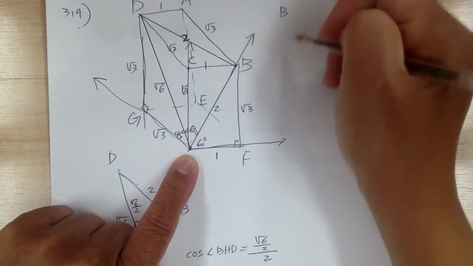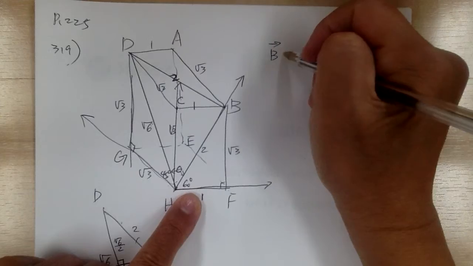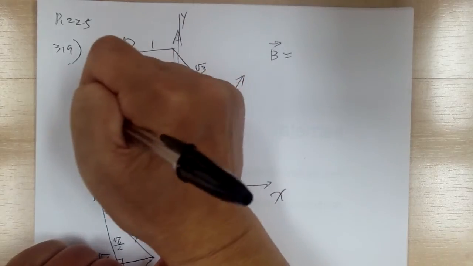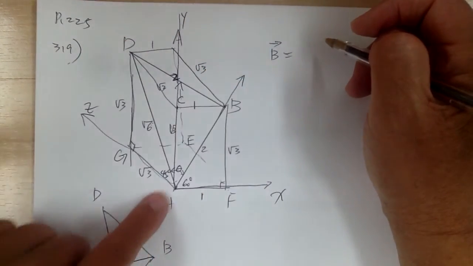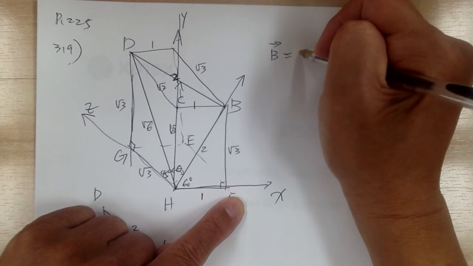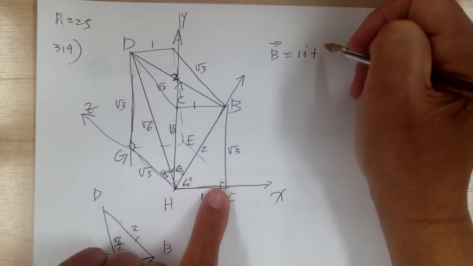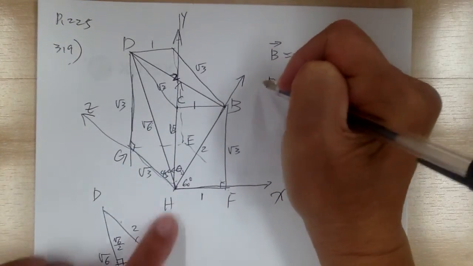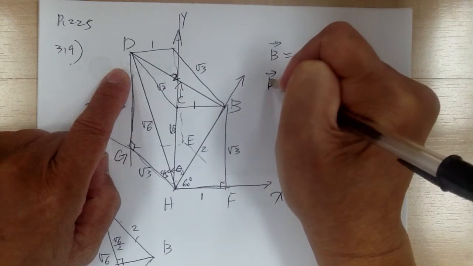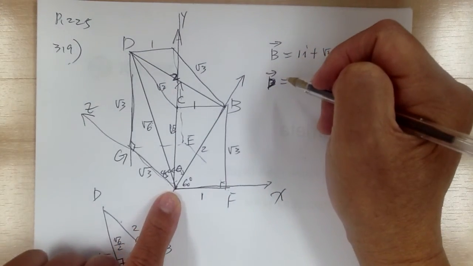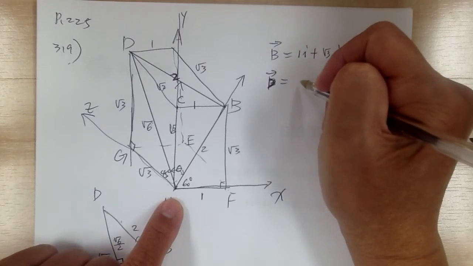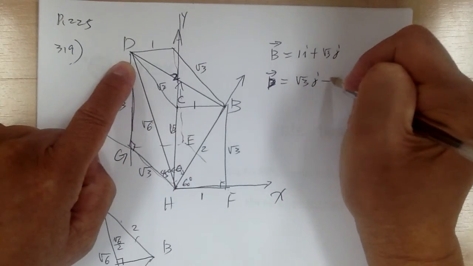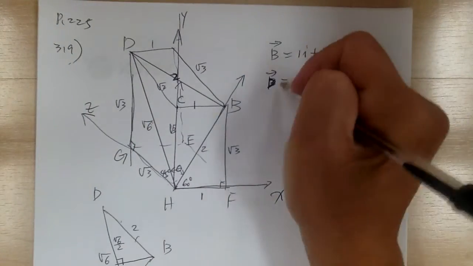You got vector B, which would be equal to 1, so this is your X, this is your Y, and this is your Z. So vector B would be 1i plus square root of 3 j, and there's no k. And vector D, you have to go up and over, so it'd be 0i plus square root of 3 j plus square root of 3 k, using the vectors.